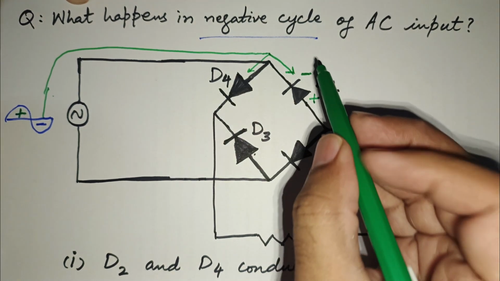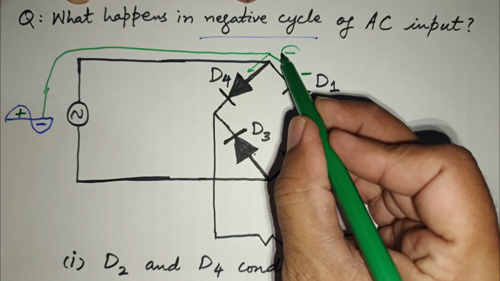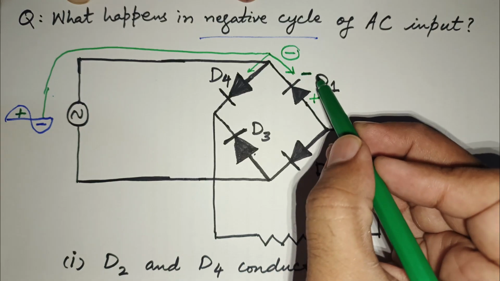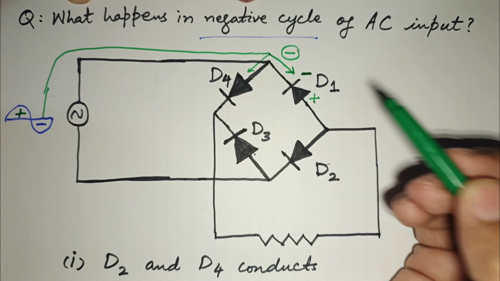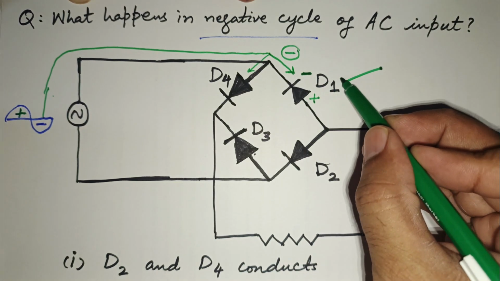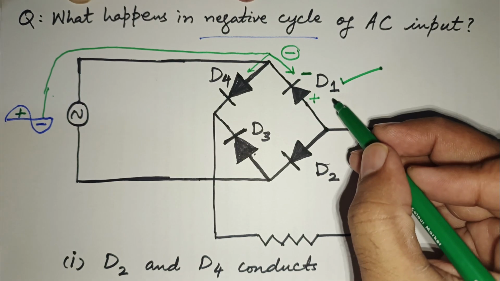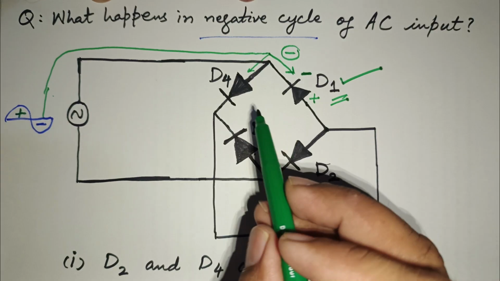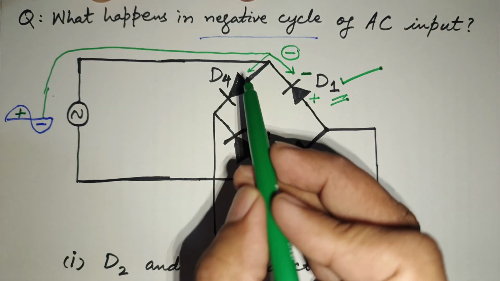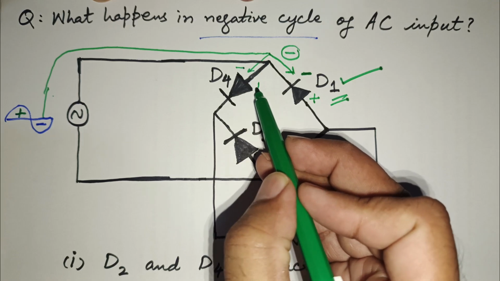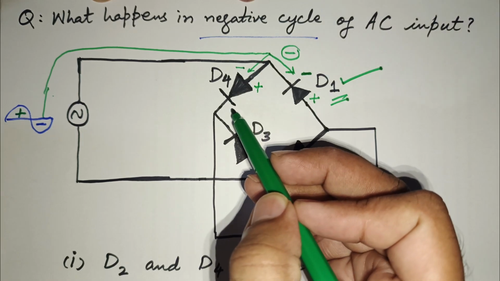So when it sees the negative signal, it allows, because semiconductor diode conducts in forward direction. So D1 will allow the current to pass through it. So D1 conducts. Then what about D4? When negative cycle will reach over here, this is the positive side of D4, so it will not conduct.